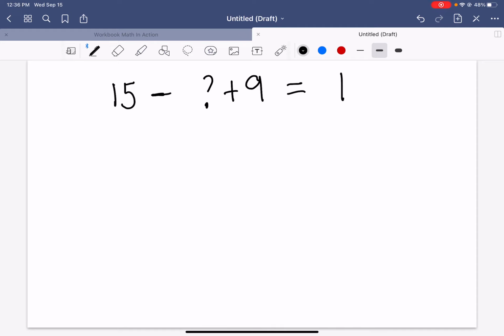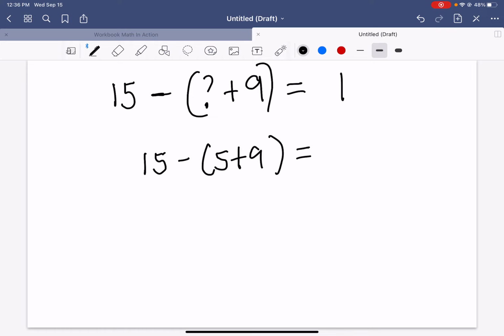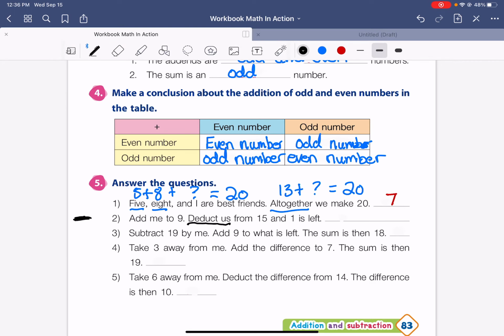So first we're going to add these together. That's the number sentence. Add me to 9 first, and then deduct from 15. So 15 minus blank. The only answer choice that can be is 15 minus 14 equals 1. So here we get 5.